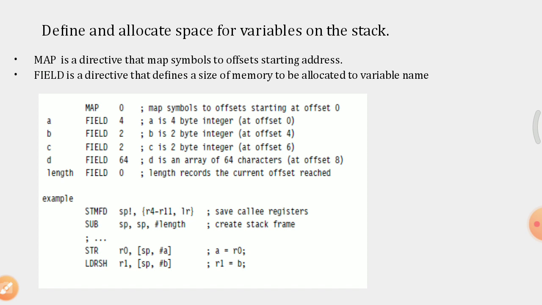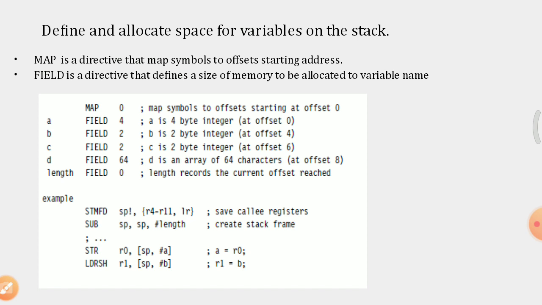In the below figure, in the below program, we can see MAP space 0 and A space FIELD space 4 and so on, B space FIELD space 2, D space FIELD space 64, so it goes on.